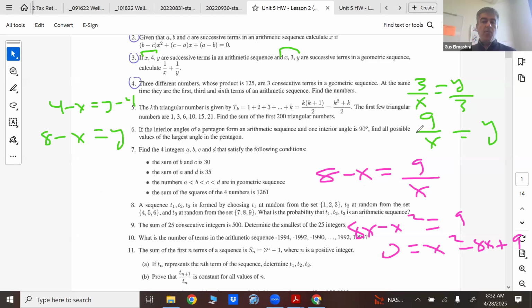You're saying I could rewrite 9 over x as xy equals 9. And then you can rewrite 8 minus x equals y as x plus y equals 8. And then you're looking for 1 over x plus 1 over y, but that's just the same as x plus y over xy. Oh, I see what you're saying.